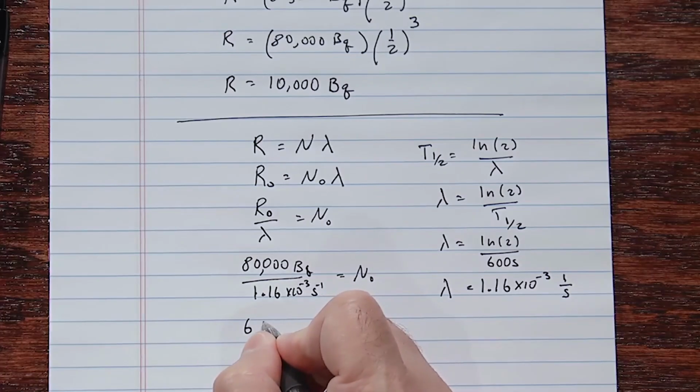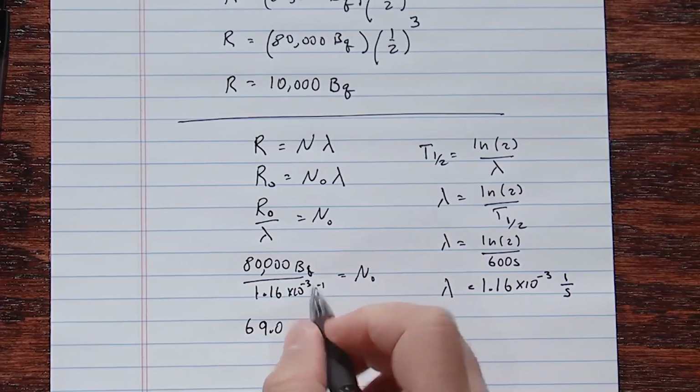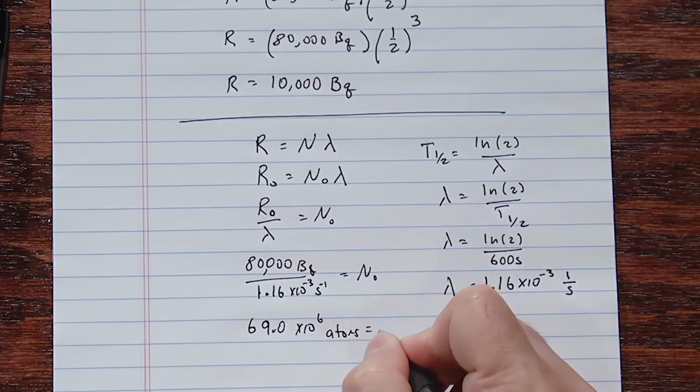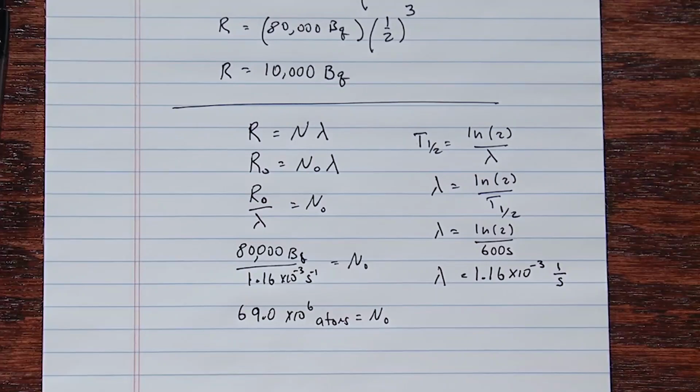And that is 69 million. That would be 69.0 times 10 to the 6 atoms is equal to N0. So initially, there were 69 million atoms present, but they decayed over time into something else.